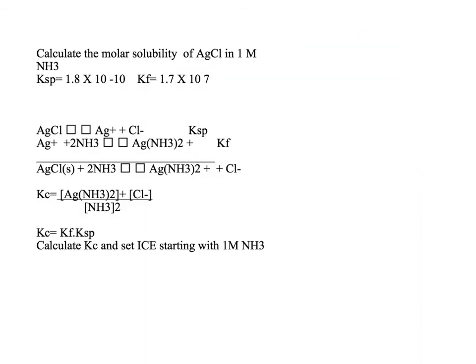All right, let's take a look at another question. The question is, calculate the molar solubility of AgCl in 1 molar ammonia. So you have AgCl, which is solid, and gives you Ag plus and Cl negative. So that's your equilibrium right there. Now realize that the Ag plus that you have is not going to just stay like that.